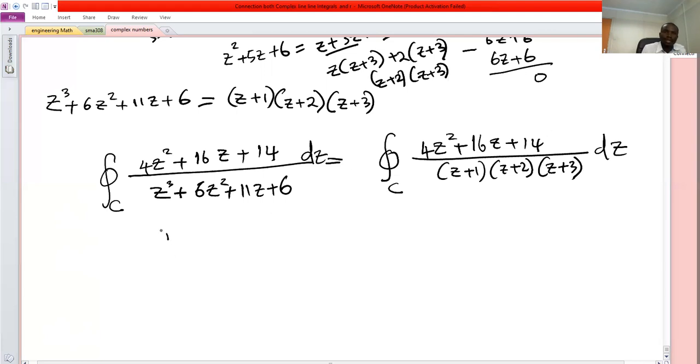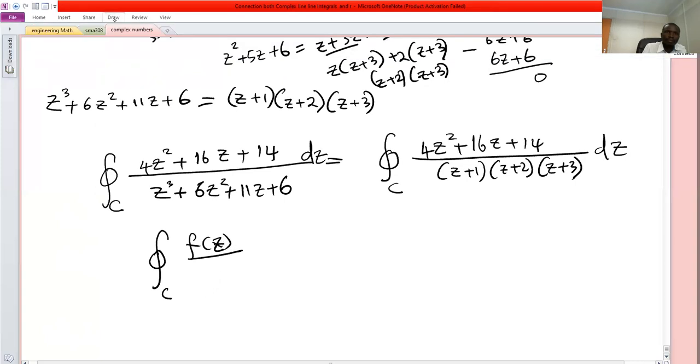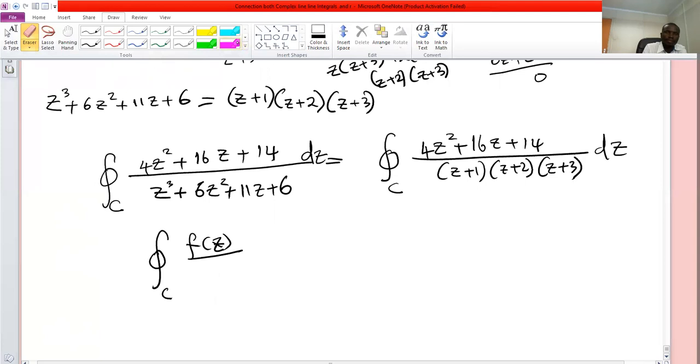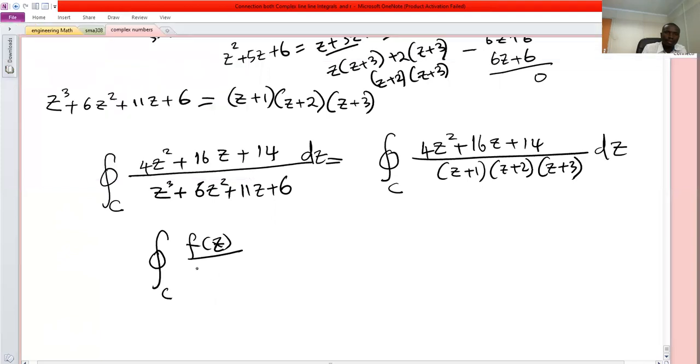So we relate to the general form, f(z) over (z - a). So when I say 1 over 2πi times the integral of f(z) over (z - a) equals f(a).